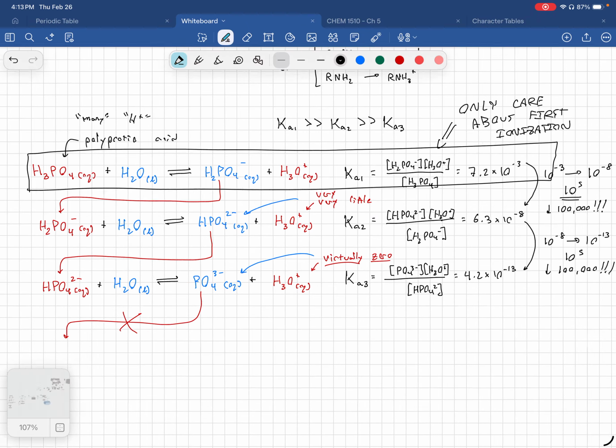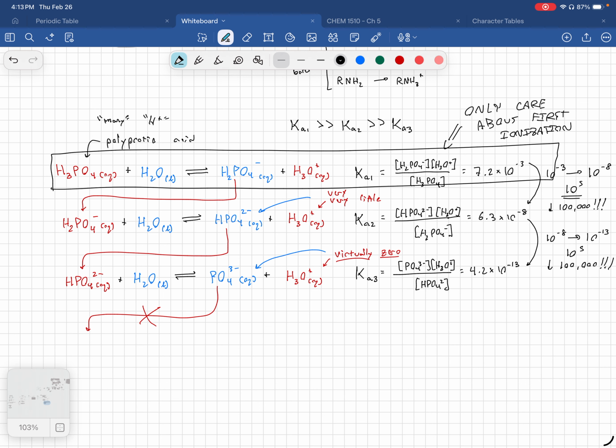Because the additional ionizations are very, very reactant favored. Very little product forms. In the third one, in this case, it's virtually zero. We can write a number for it. It's a potentially measurable number, but relative to the concentrations and the acid ionization constant for our first ionization, it's zero.